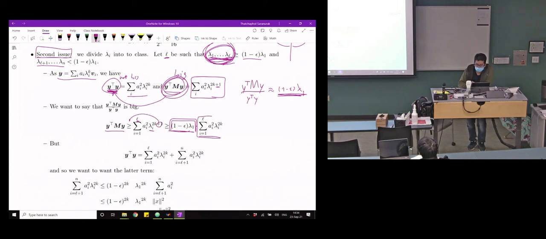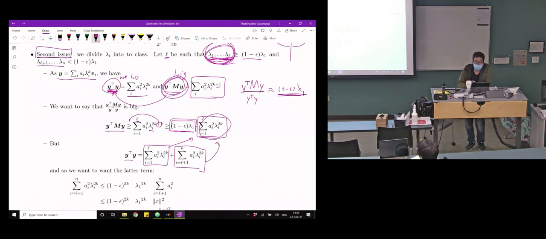And here I get this thing. So what I'm going to show is that y times y here is basically smaller than this thing. First of all, when I write y times y, we have the first L terms. This is exactly this thing. We just need to show that the second term here is also as small as this.